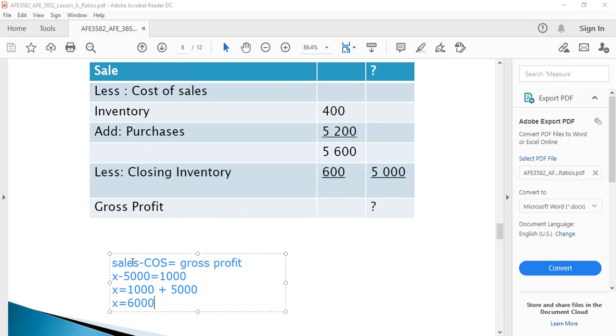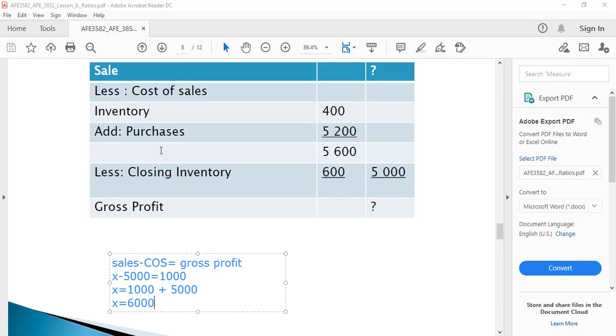Then you obviously will have to use your X. The first thing, you find your cost of sales using the X. Once you find your cost of sales, you know that cost of sales equals inventory, add purchases, less closing inventory. Because the purchases are not given, you need to put X. Do you understand? And then obviously you'll need to make X the subject of the formula.